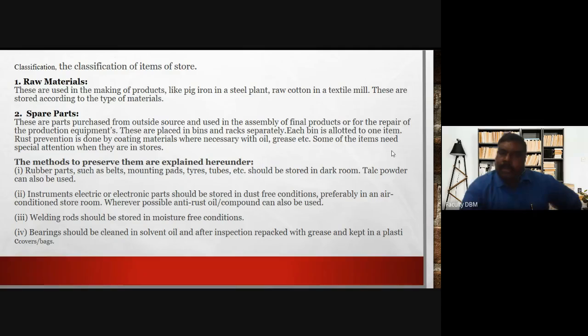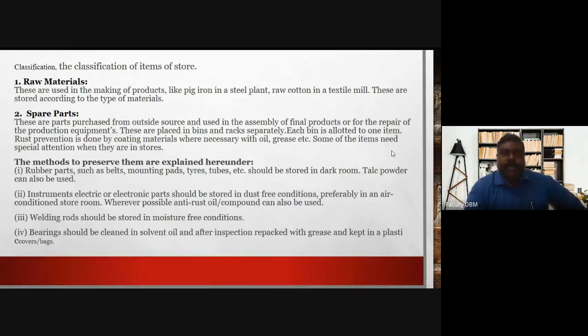To get rid of rust we have to use anti-rust oil, or place them in an air-conditioned room so that the quality of the product does not change. Welding rods should be stored in moisture-free conditions, because welding rods easily catch rust.